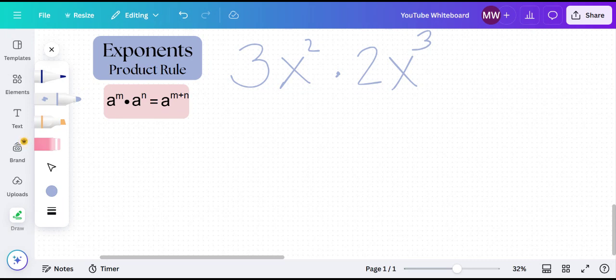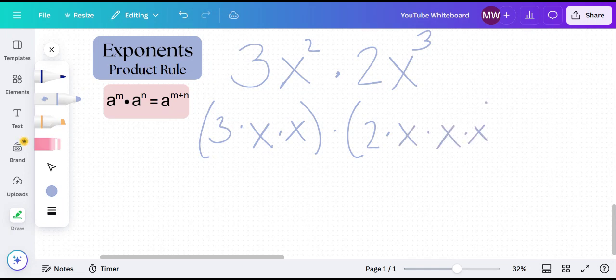So if we were to take this first example, 3x squared times 2x to the third, we can practice writing this out. So 3x squared we would write as 3 times x times x, and 2x to the third would be 2 times x times x times x.